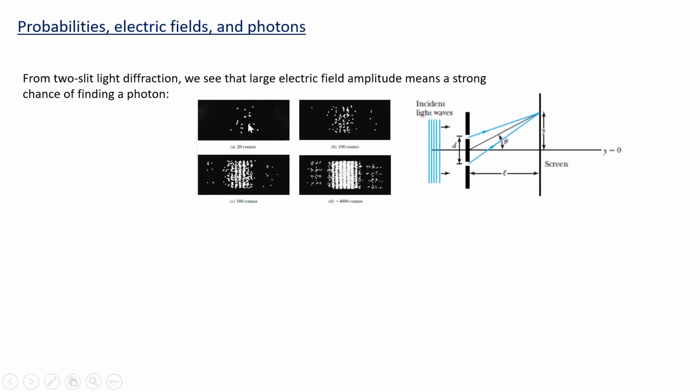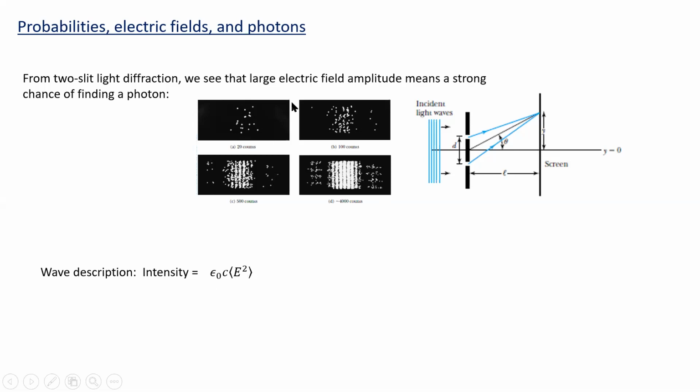In addition, if we make the light very, very faint, we can actually see the individual counts of photons building up slowly, 20 to 100 to 500 to 1,000 to 4,000, building up the interference pattern. More precisely, under the wave description, the intensity of the light is a constant, epsilon naught, the permittivity of free space, times the speed of light times, and this is the important part, the square of the electric field amplitude.